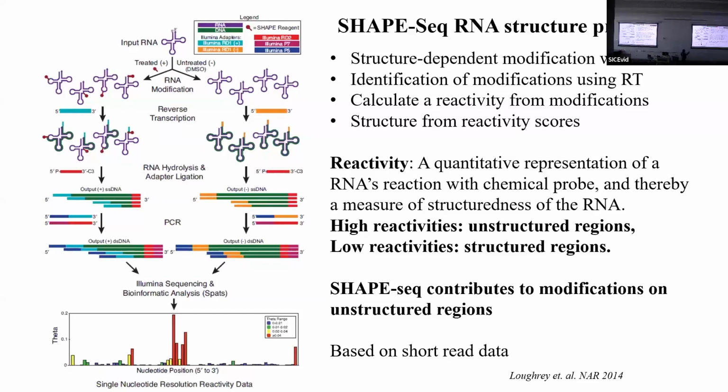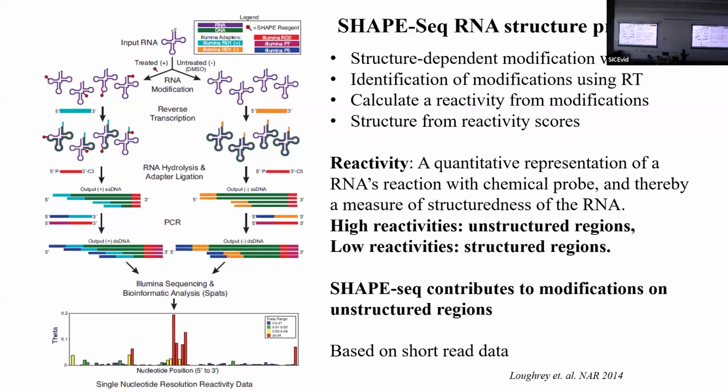But when you treat them with this reagent, it will start modifying randomly on these unstructured regions, or what are called single-stranded regions. When these modifications happen and you do reverse transcription, it starts blocking and then drops off. There is a fragmentation wherever there is a modification. You use this neat trick, and then you see a spike.